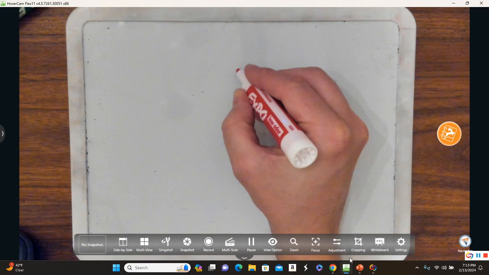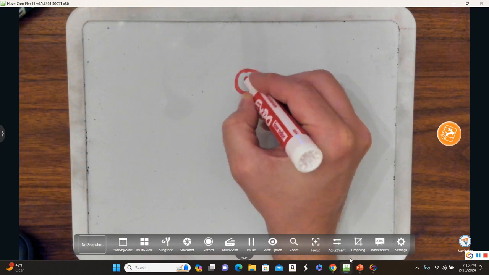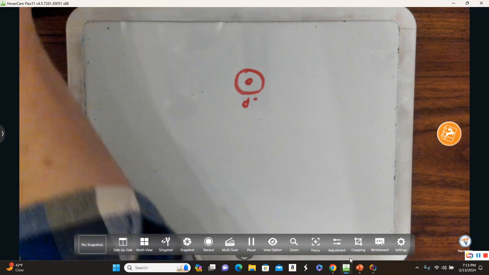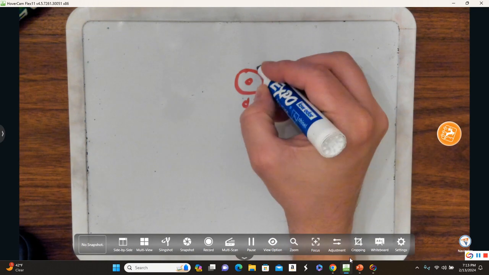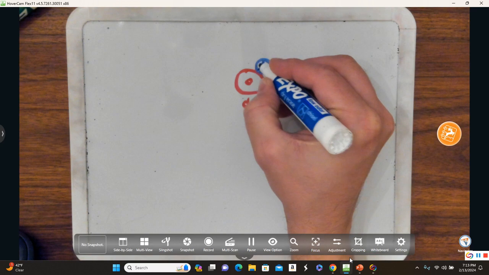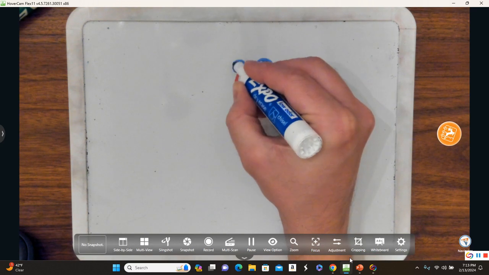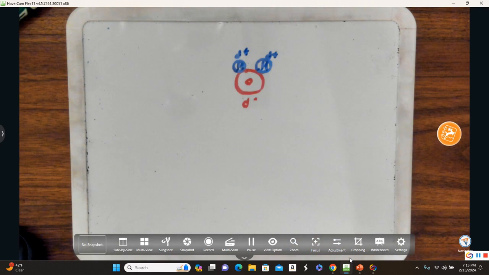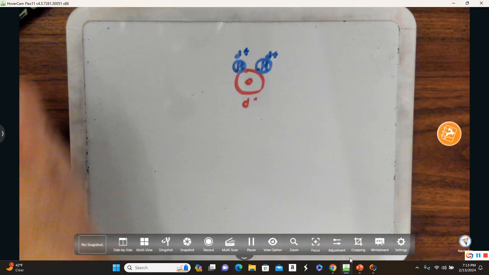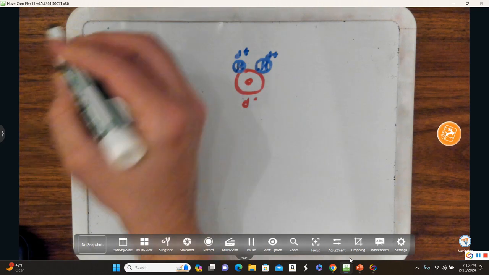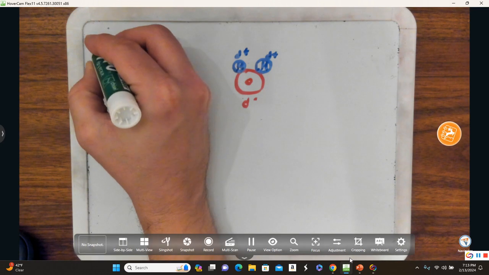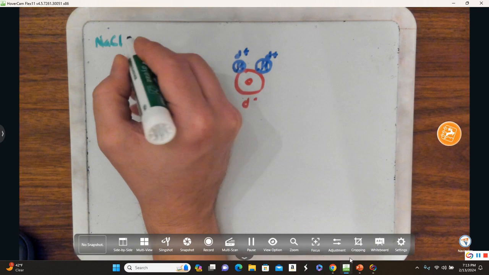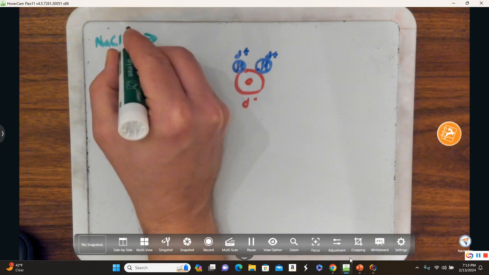Now, let's say I have a water molecule right here. There's the oxygen, partial negative, okay? Here's the hydrogen, partial positive, okay? Now, let's just say that I take NaCl and add it to water.